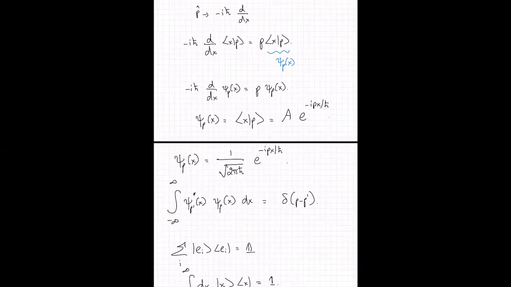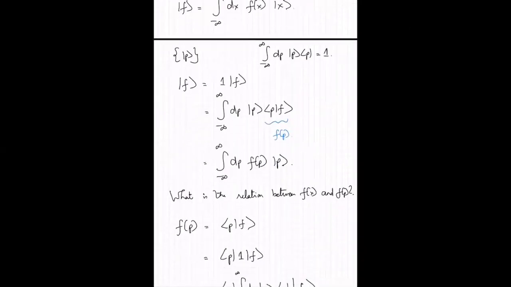So the overlap of <x|p> is given by a e to the minus ipx over h bar, which means the overlap <p|x> is the complex conjugate of this, because the inner product of <alpha|beta> is the complex conjugate of the inner product of <beta|alpha>, right? Okay.